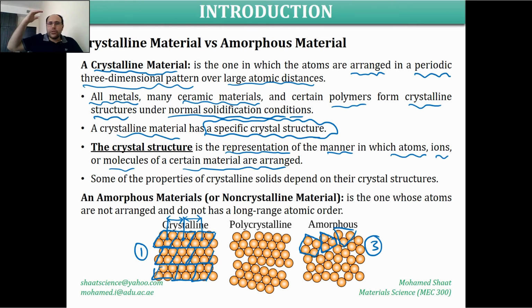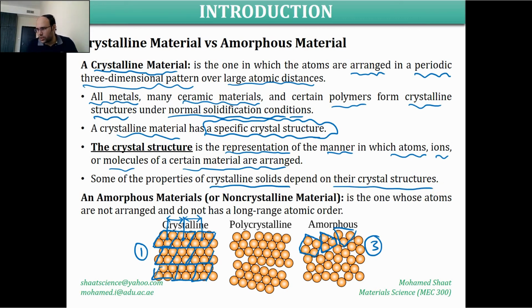Crystalline materials are materials with a crystal structure whose atoms are arranged in a periodic three-dimensional pattern. And we understood what periodic pattern means, two conditions that should be there, over a large atomic distance. This is what defines the crystalline material. Some of the properties of crystalline solids depend on their crystal structure. There are so many.